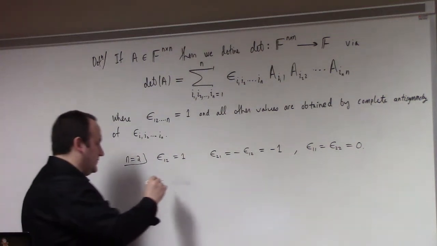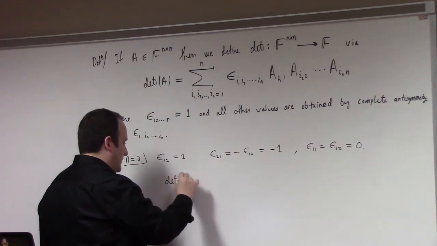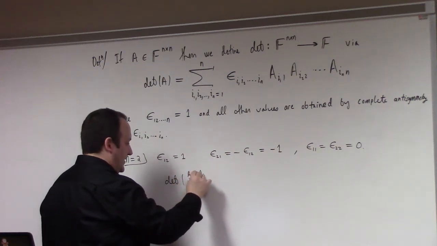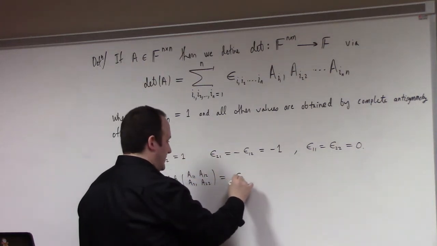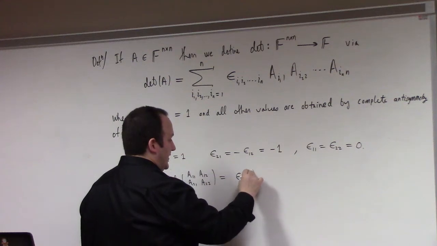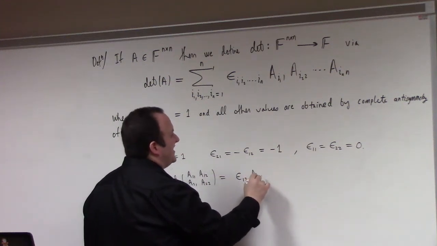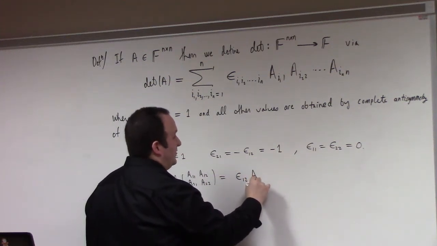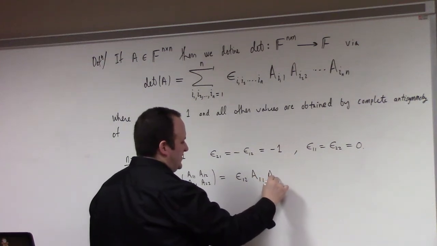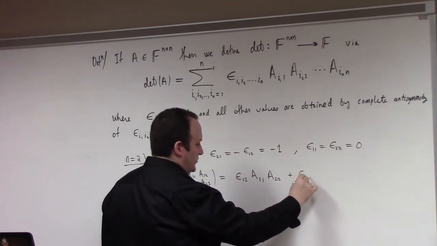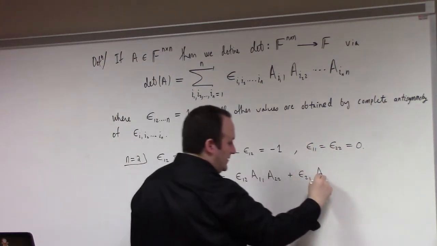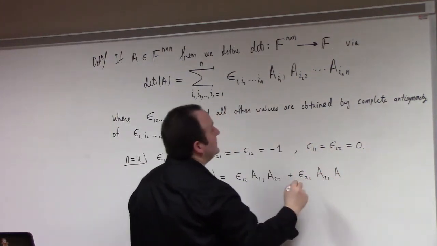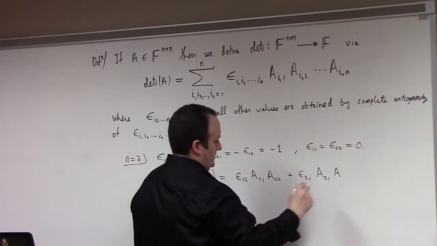Anyway, so the determinant of A11, A12, A21, A22 is just equal to epsilon 1, 2, what we got? A11, A22, plus epsilon 2, 1, following the pattern up here, guys, A12, A21.